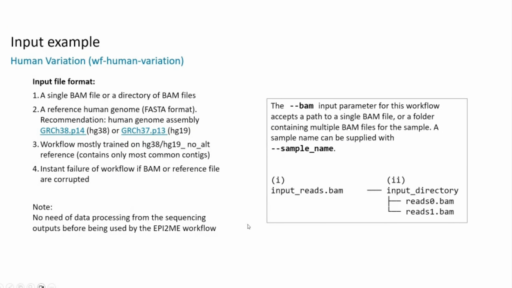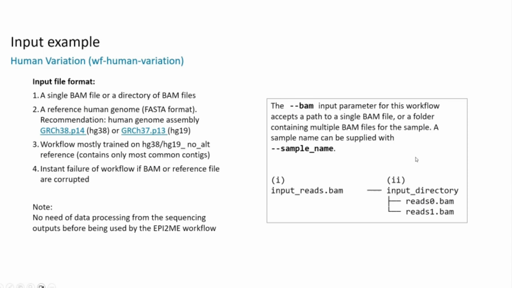For the demonstration, I'll be using a very small subset of data. This is how the input files are supposed to look. We can provide the pipeline with one single BAM file for one sample, or alternatively, because ONT runs the sequencing and does live base calling, every hour or less we obtain one BAM file from the sequencing run.